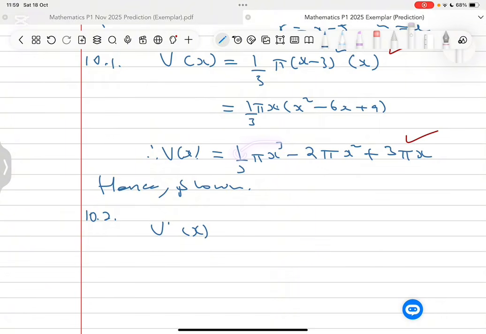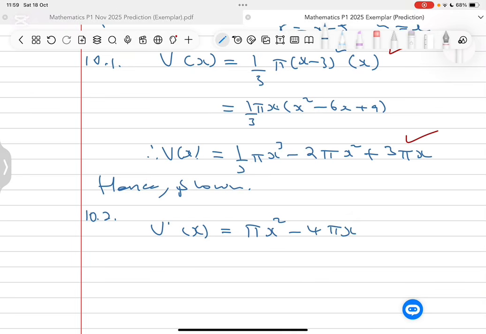So now here we are going to take the derivative of this equation. If we take the 3 here, we are going to have 3 over 3, which is really just a pi, and we are going to subtract 1 on the 3 there. So that means we're going to have an x squared there. Now if I take the 2 here, I'm going to have a negative 4 pi, and then I'm going to subtract 1 here.